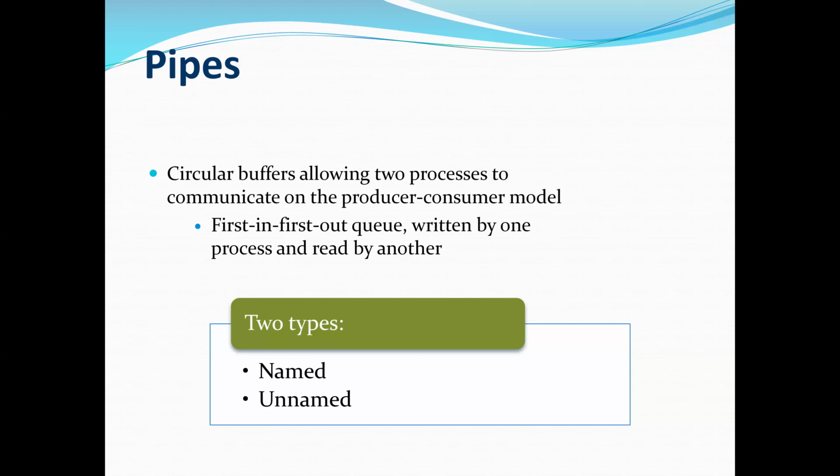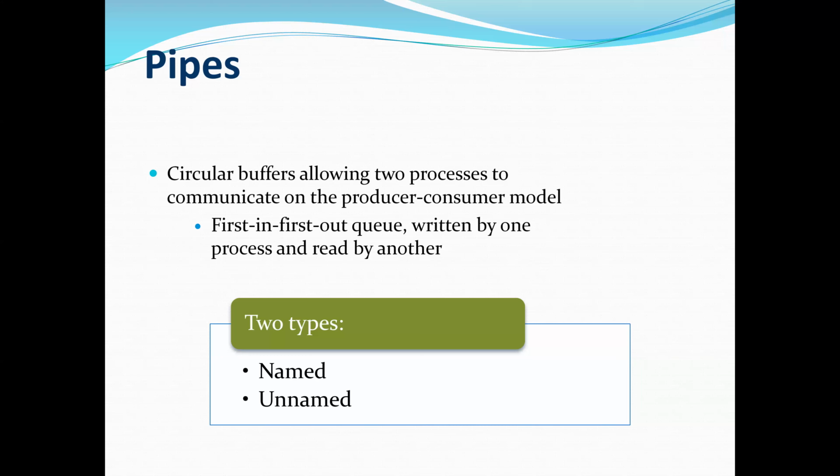When a pipe is created, it is given a fixed size in bytes. When a process attempts to write into the pipe, the write request is immediately executed if there's enough room. Otherwise, the process is blocked.